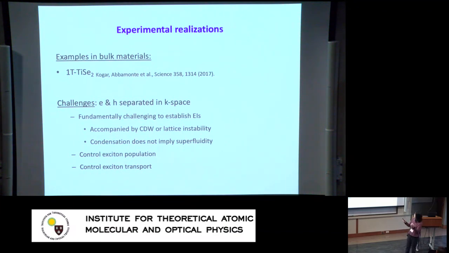So you can get insulating states also due to formation of charge density waves. So it's hard to prove that the insulating state arises from the formation of bound state of electron and hole. And the condensation does not imply superfluidity, that means zero viscosity. And the exciton population cannot be easily controlled because that's determined by the band parameters, material parameters. And of course, you cannot control exciton transport electrically.